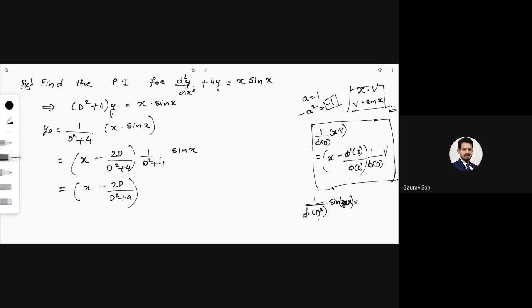So in this case, d square will be replaced by minus a square, and a is equal to 1, so simply sine x. So we'll replace d square. 1 upon minus 1 plus 4 sine x. If you have any problem up to this, please ask.